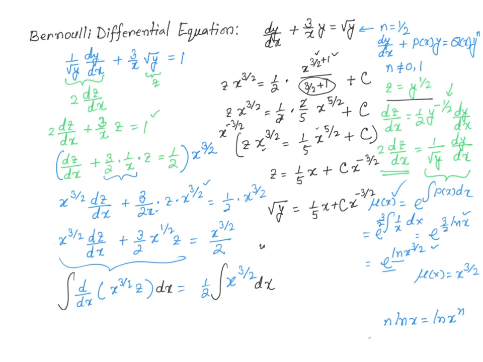Or if I solve for y, y of x is going to be equal to, put a square bracket for clarity here, 1/5 x plus c times x to the power -3 over 2, all of it squared. And this, by the way, is going to be the solution to the differential equation, which is this. I hope that this discussion was helpful. Thank you very much.